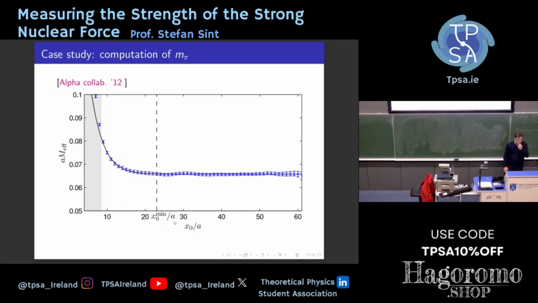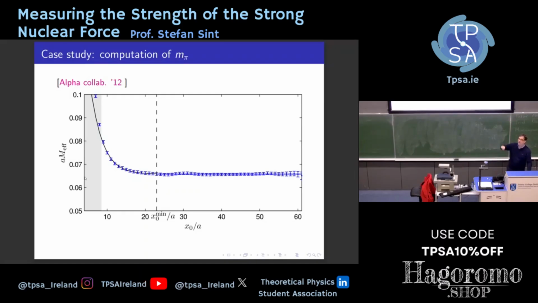You see the effective mass as a function of x0, and you look for the range where it plateaus. Then you average over the plateau range, from where it is safe, and that gives you an estimate of a times M effective, which is then the pion mass in lattice units for the chosen quark masses that you have, which need not be the physical ones.